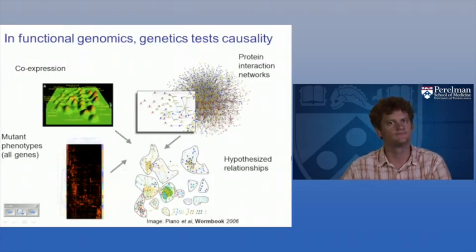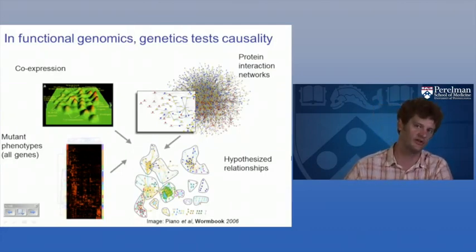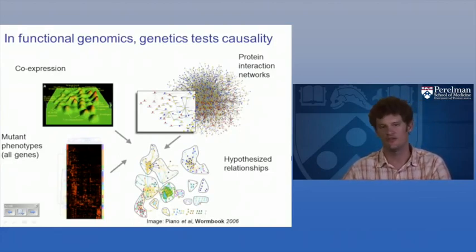Now, as an experimental biologist and as a systems biologist, one of the really critical reasons to continue thinking about genetics is that genetic principles really tell us about the causality of biological phenomena. You can do all sorts of high-throughput experiments to look at, for example, which proteins interact with each other. You can find all the genes that are expressed in one tissue or another tissue and find genes that are co-expressed in those. But it doesn't really tell you that those genes are actually working together in the same process.